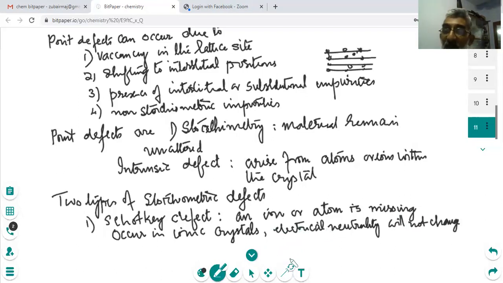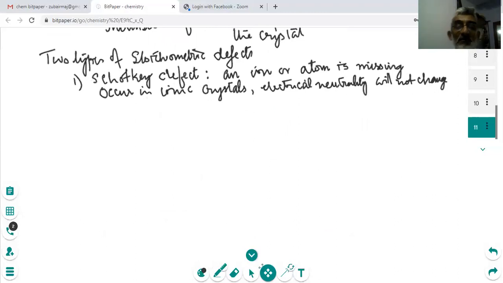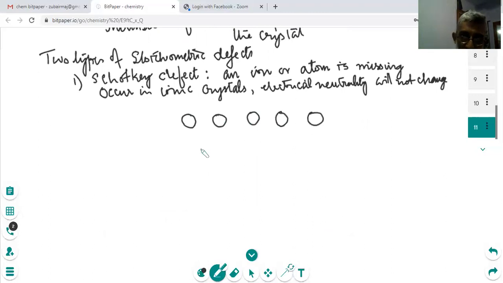So now let us see how this defect looks. I will draw the molecules or the motifs here. Suppose this is an NaCl crystal lattice, with Na and Cl.